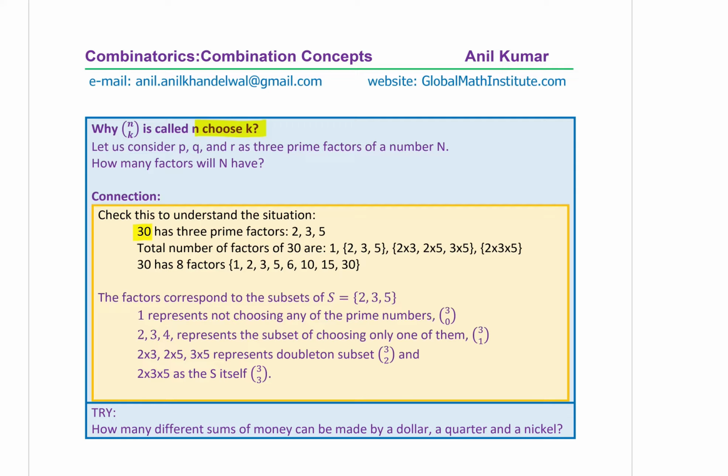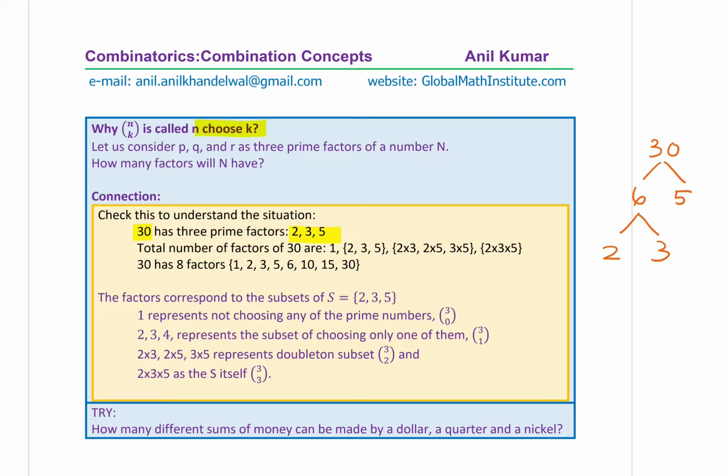Now, as you know, we can do the prime factorization of 30. 30 can be written as 6 times 5, and 6 is 2 times 3. So the prime factorization of 30 includes only three prime numbers, 2, 3, and 5. So it's a very similar question to what we are talking about.